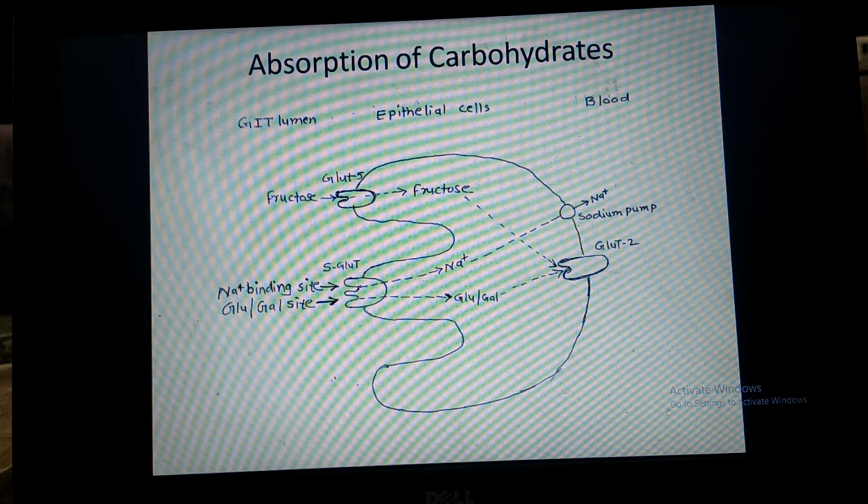Now this GLUT2 binds with glucose, galactose and fructose one by one, and it rotates 180 degrees so that it can open on the outside of the epithelial cells. So this is also a uniport type of transport because it will transport 1 molecule at a time, and as it does not require energy, it is facilitated diffusion.